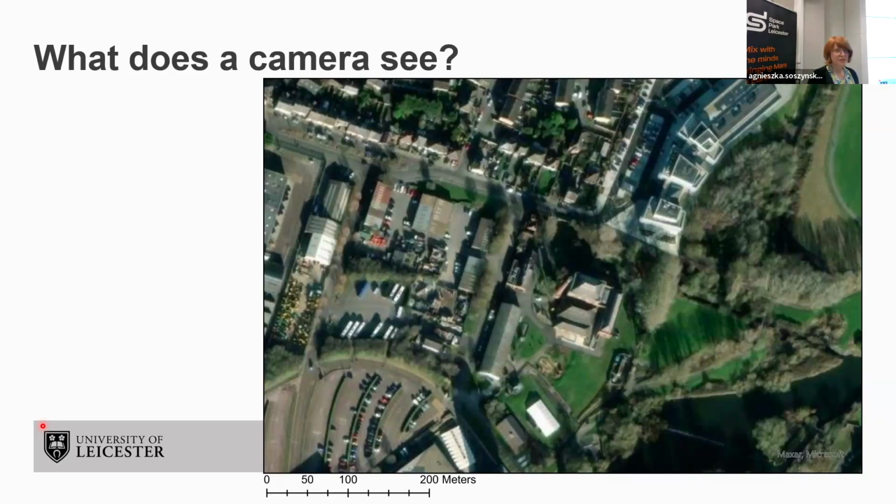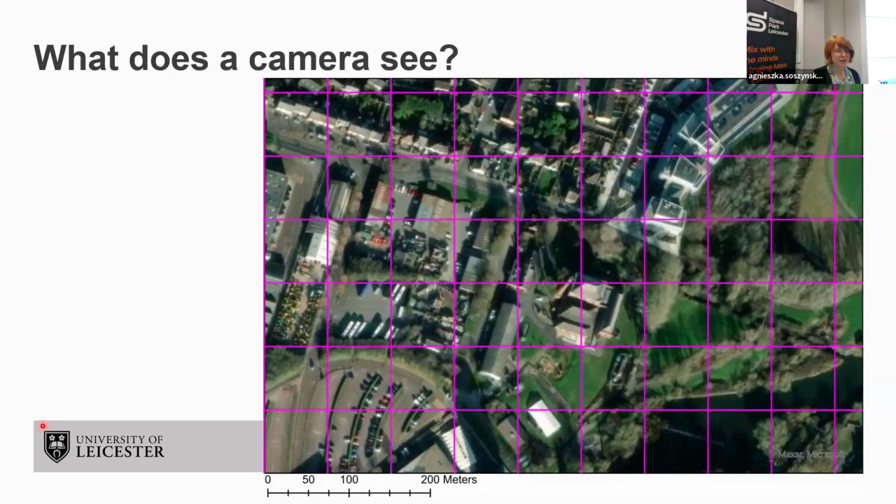The first difference to the thermal camera is the resolution. Here you see the grid created with the magenta lines: the spatial resolution of ECOSTRESS, currently one of the highest available. This is 70 by 70 meters. What you see inside such a pixel is going to be one number, one color of a grayscale.